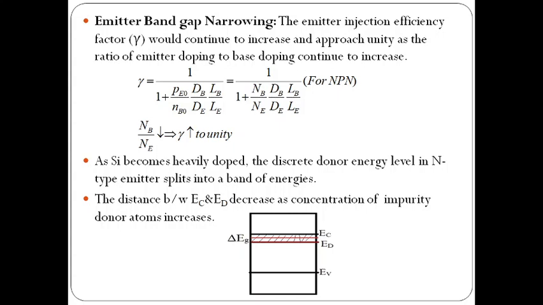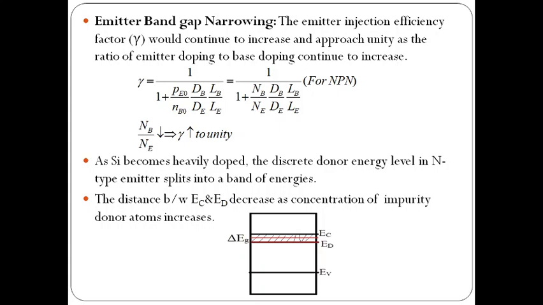So now this gamma is represented for the NPN transistor. We can say the diffusion coefficients of minority carriers of base and emitter are constant, so the doping concentrations NB and NE matter. How does the doping concentration affect the emitter injection efficiency?